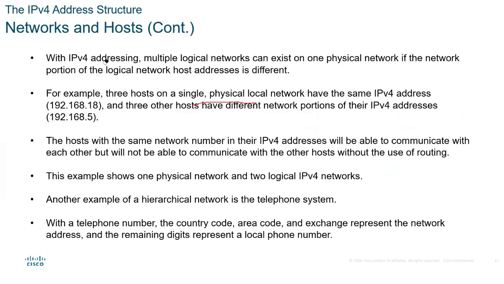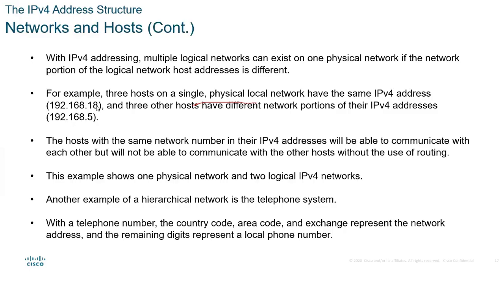With IP version 4 addressing, multiple logical networks can exist on one physical network if the network portion of the logical network host addresses is different. You understand? So what makes them part of the same network is that network portion. The network portion must be the same for all the systems in the same network. Look at this.